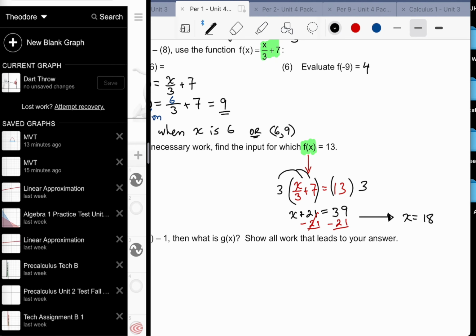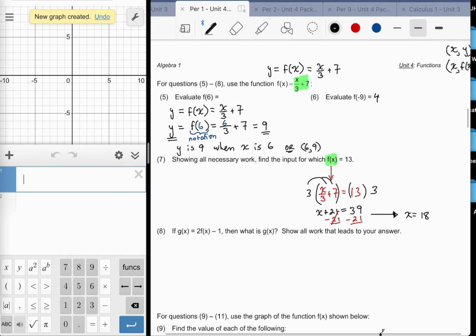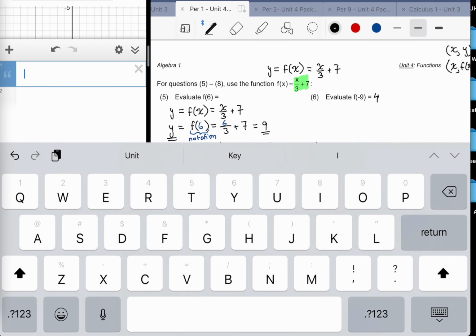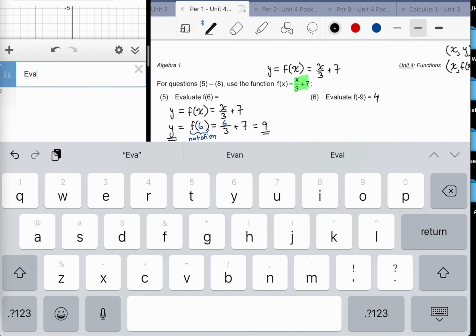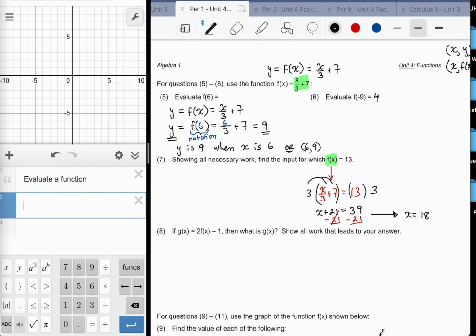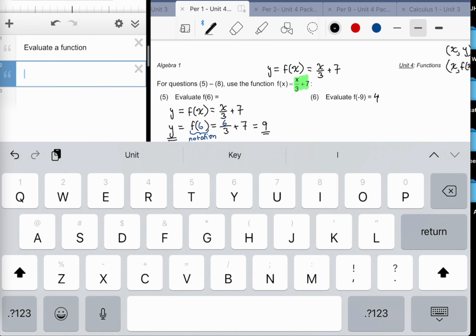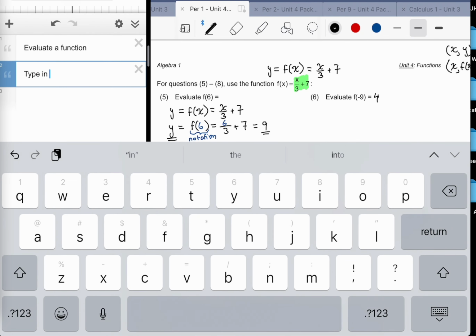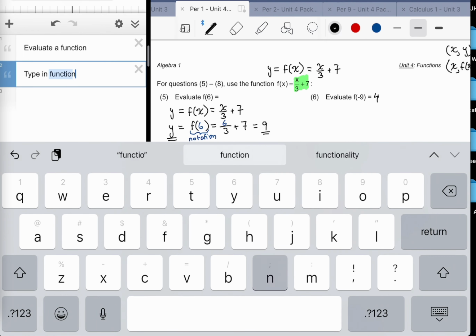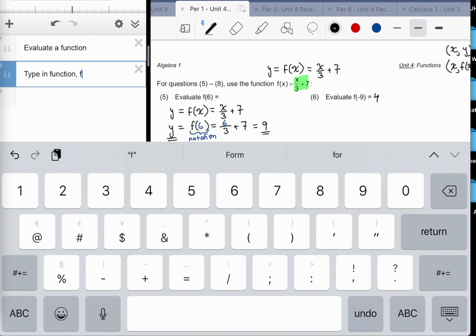So anyway, if I want to evaluate a function, we already know that's going to be easy. Let's say you want to do it right now. The first thing I would do is put in a little note saying that this is to evaluate a function. Then I would say, type in your function, as a little reminder to myself of what to do.